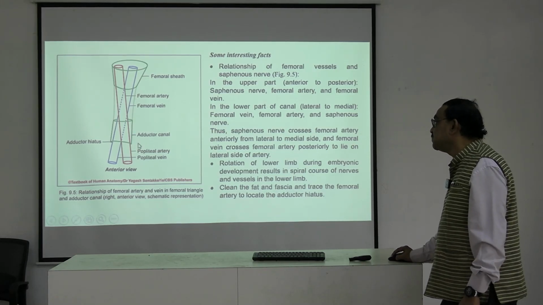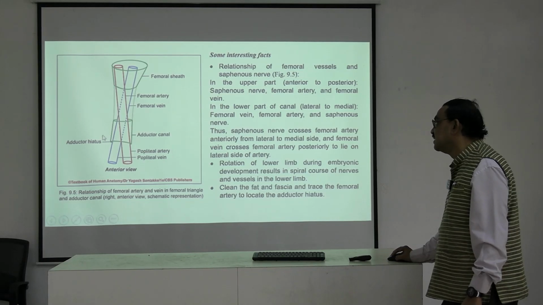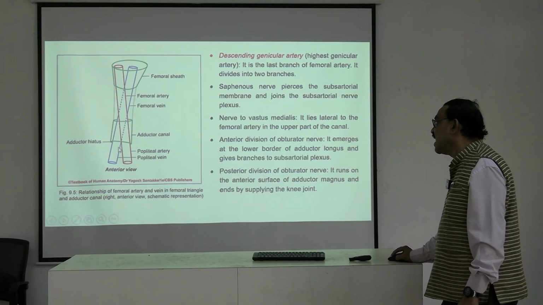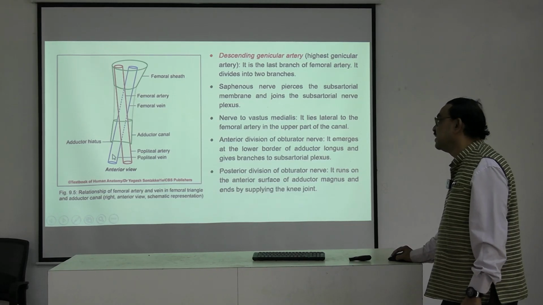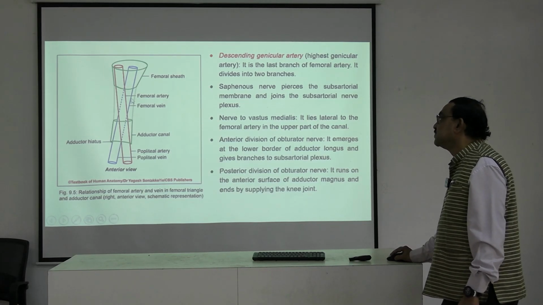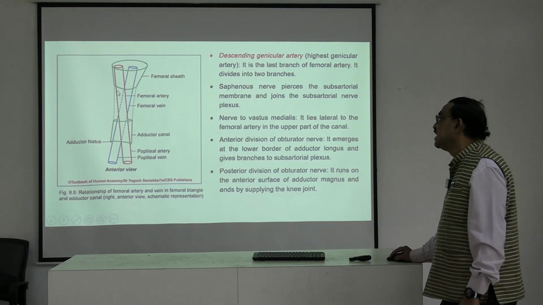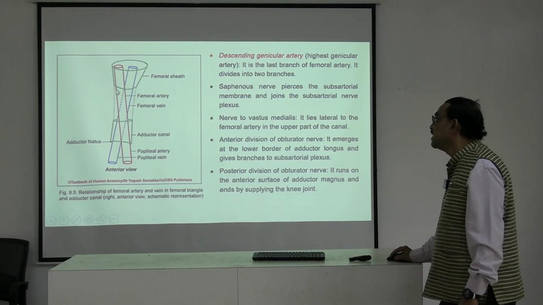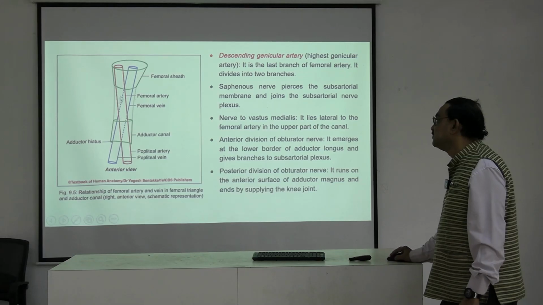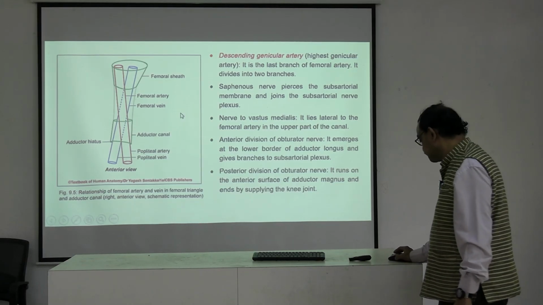And when it passes through the adductor hiatus within the adductor muscle, okay, it becomes popliteal artery and popliteal vein. Okay. So, this is the extent, from the apex of the femoral triangle to the adductor hiatus.